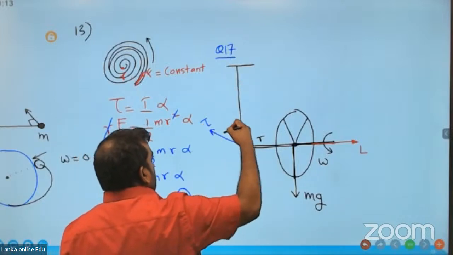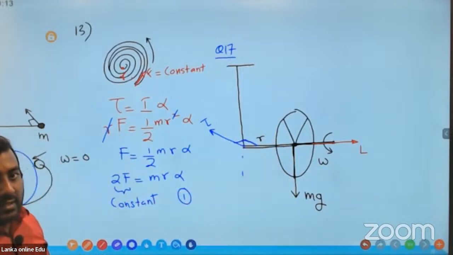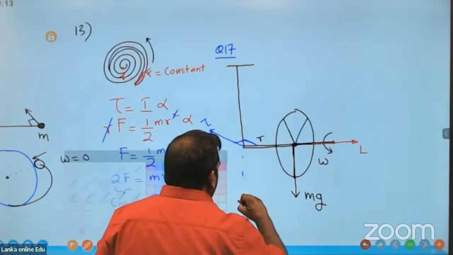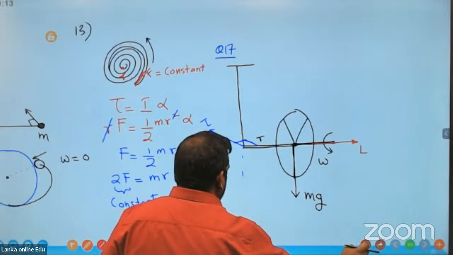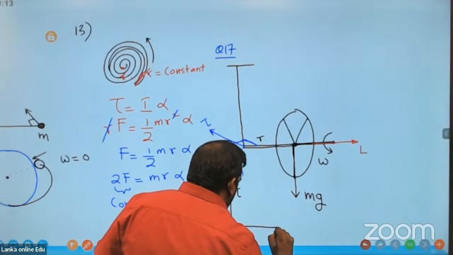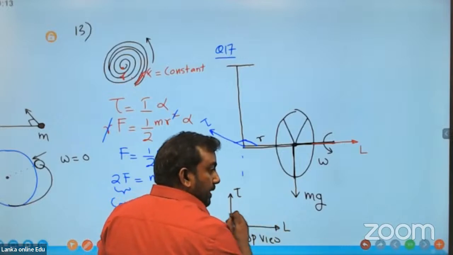Torque will be acting there. This is 90 degrees. So technically, if I mark it, torque and angular momentum, if I look from top view, are acting perpendicular to each other.